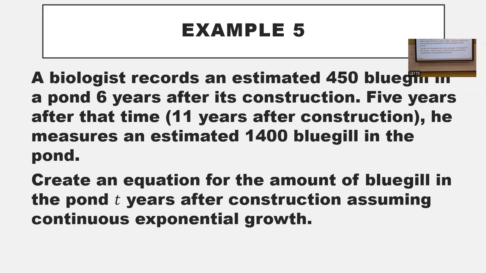Let's do another example. This one I'll do on the board because it's got a little bit of a trick to it. A biologist records an estimated 450 bluegill in a pond 6 years after its construction. 5 years after that time, so 11 years after construction, he measures an estimated 1,400 bluegill in the pond.